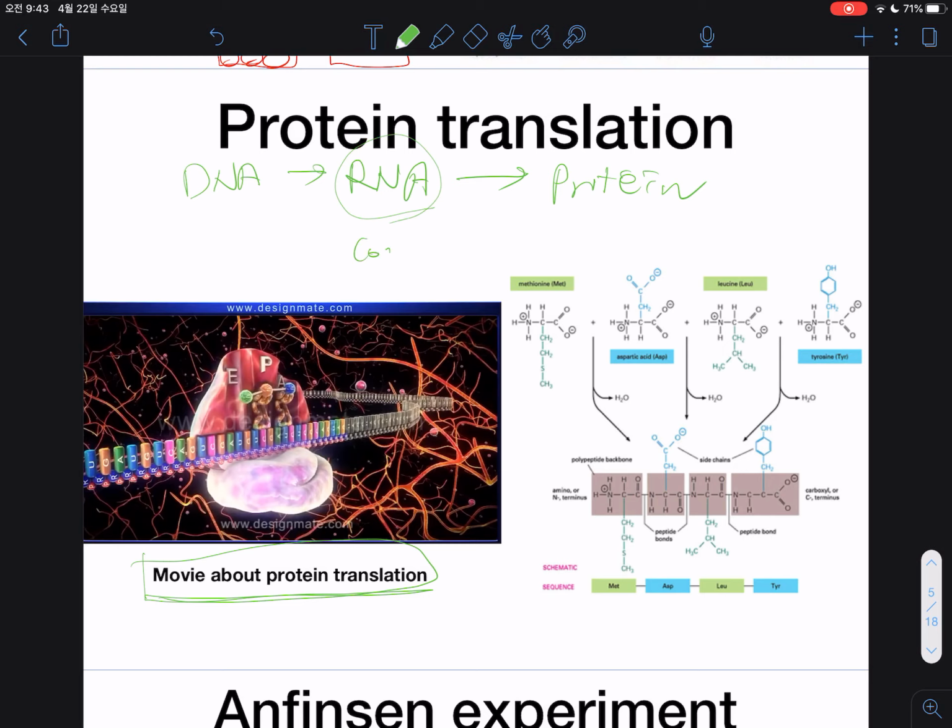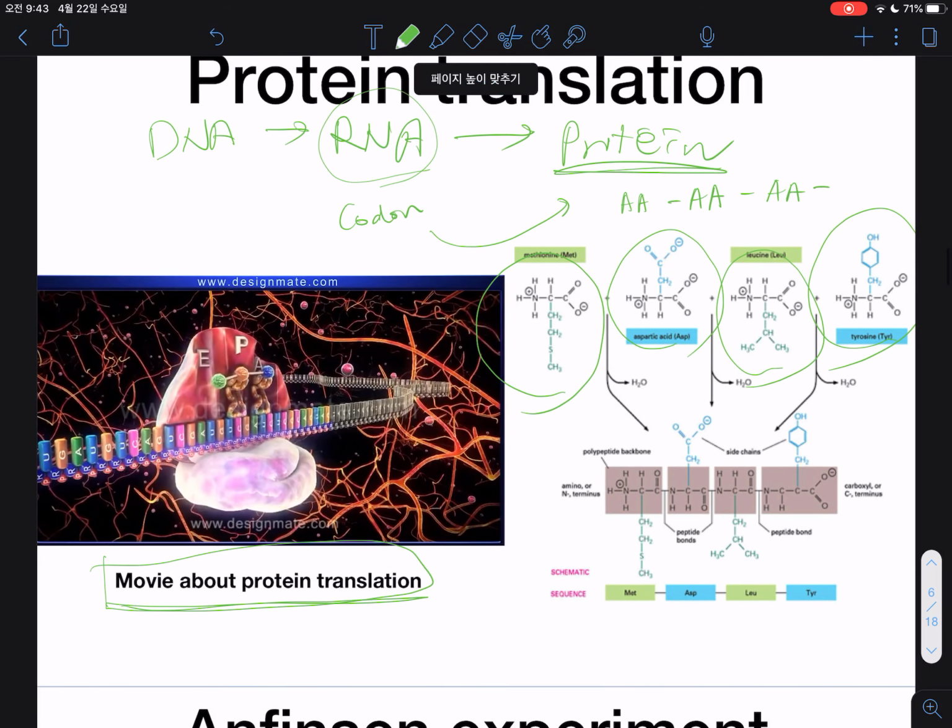Based on this codon table, the codon is translated to protein, and as I mentioned, protein is a chain of amino acids. How are they connected? If you see these amino acids, let's say there are these 4 amino acids, and they are connected through this peptide bond.